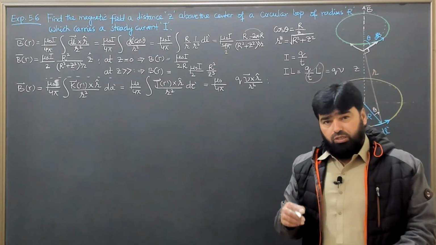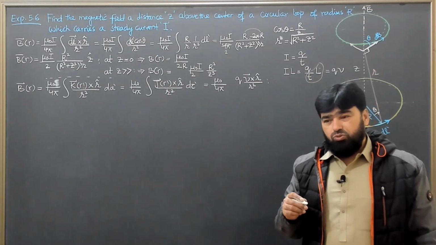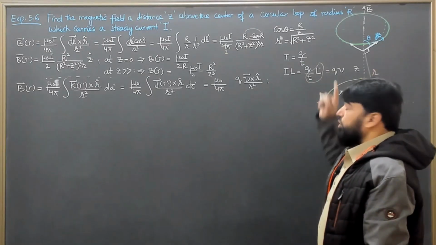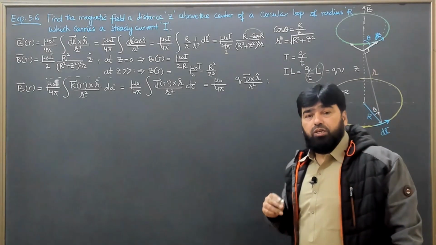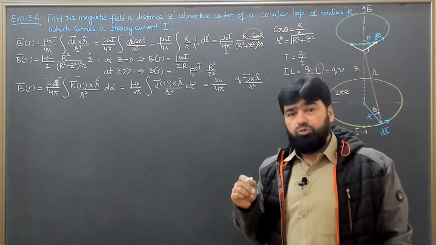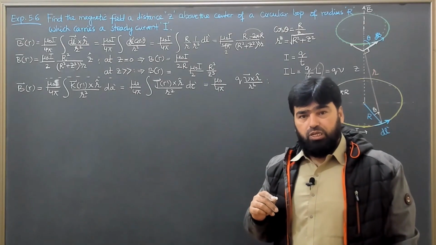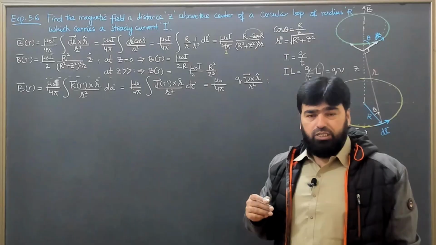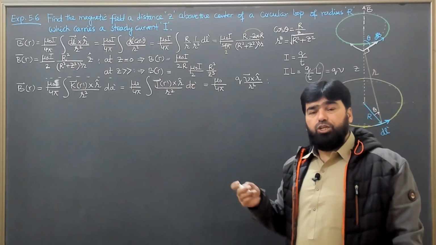Then this is principally wrong because we are considering here a point charge, and we know that a point charge cannot constitute a current, because current is a combination of charges which are flowing in a unit time.